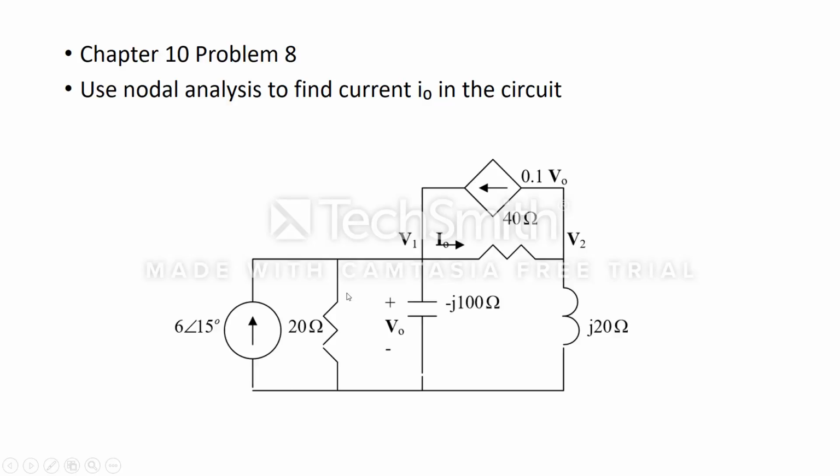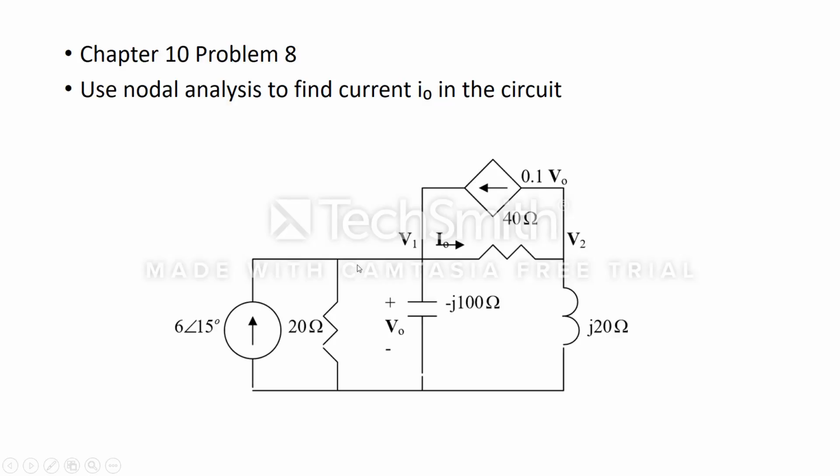So V1 by 20, and this whole entire thing is assumed to be zero potential, as we have seen in the last question, where it is a ground point. So we are just assuming that this point has a potential of 0 volts, this entire line has a potential of V1 volts, and this entire line has a potential of V2 volts.